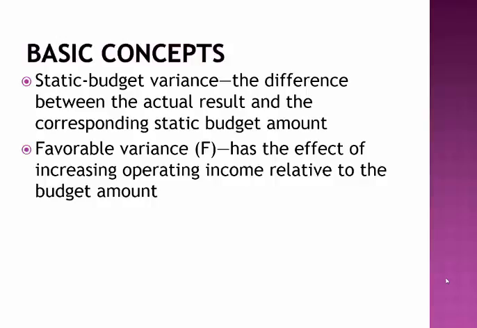If our actual results are less than what we had planned, then that would be a favorable variance. Our costs and expenses are less. Yay, that's a good thing. Therefore, what if our actual results are more than what we had planned?